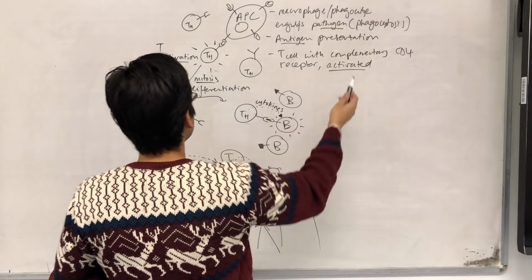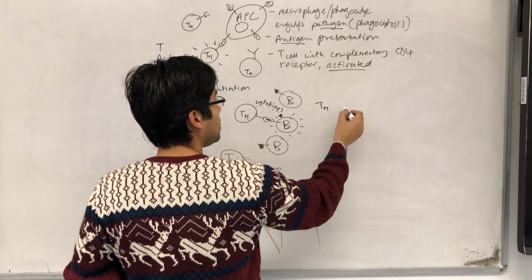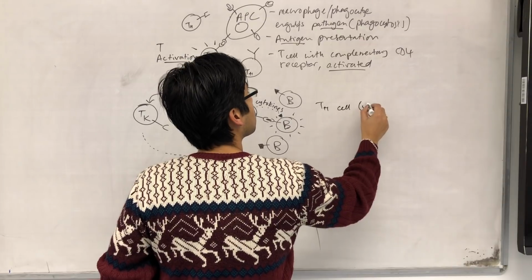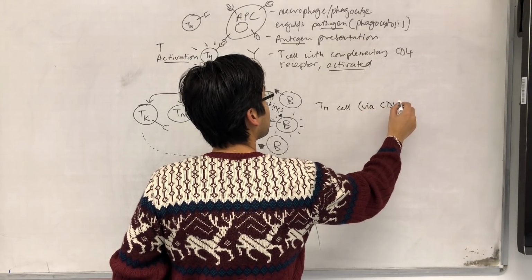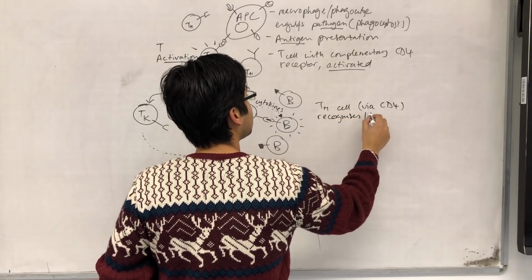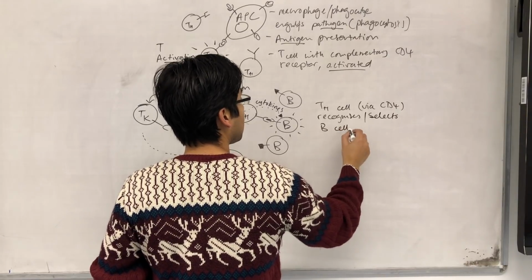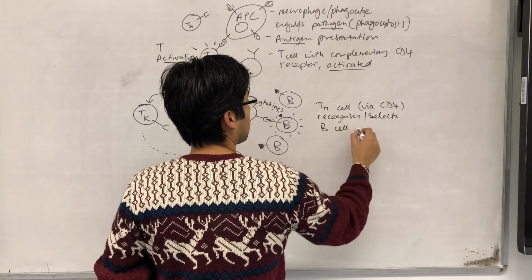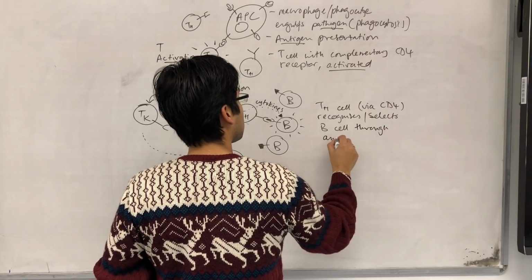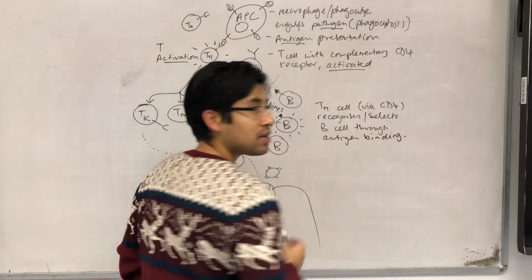Okay, so mitosis, differentiation, then the T helper cell via its CD4 receptor recognizes or selects the B cell through antigen binding. Is that making sense?